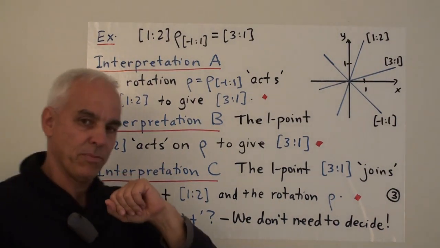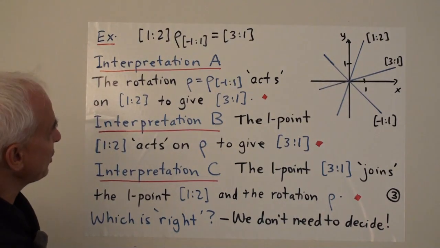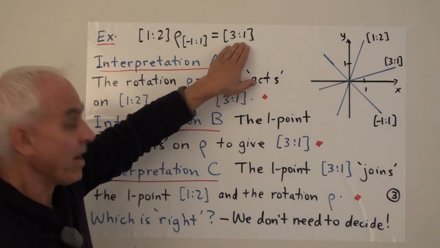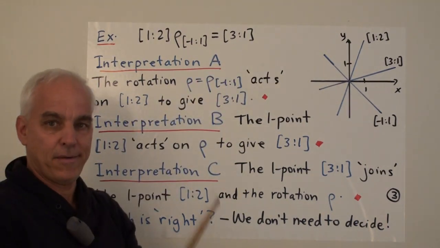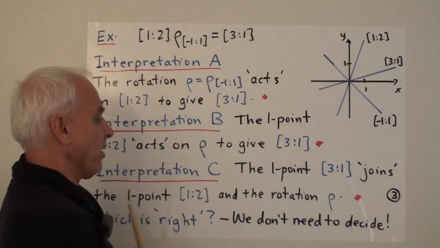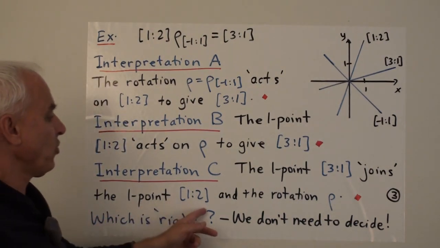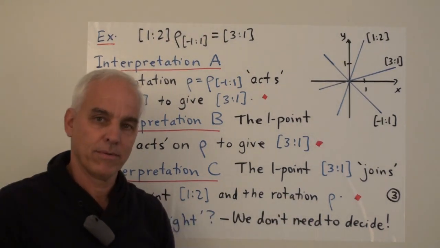There's another possible interpretation, interpretation C, which is to regard this right-hand point as essentially the mover. We say that what's happening here is that the 1.3 to 1 joins the 1.12 and the rotation rho.